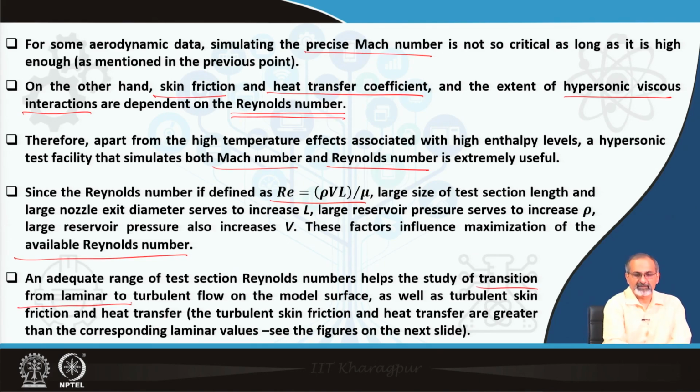phenomena like transition from laminar to turbulent flow on the model surface, as well as turbulent skin friction and heat transfer, where we know from our prior experience that the turbulent quantities are usually greater, often much greater than the laminar counterparts.